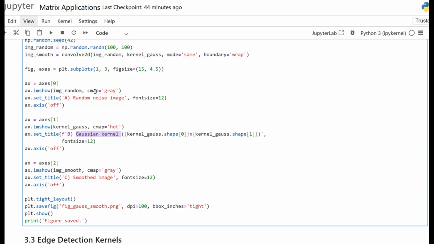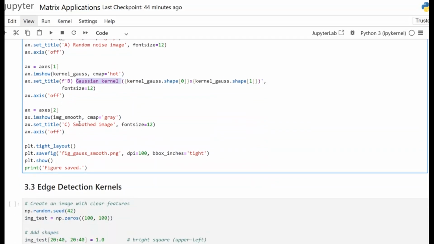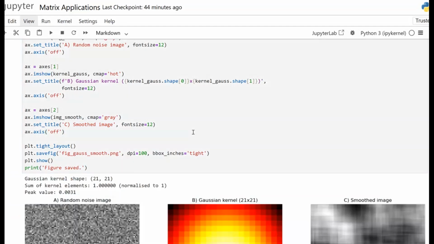The Gaussian has a brighter center and smooth radial decay as it goes outward, and represents spatial weighting, so keep that in mind. Next is the smoothened image, in which noise is reduced and the image appears blurred, meaning low-pass filtered. Let me execute and see the exact output.